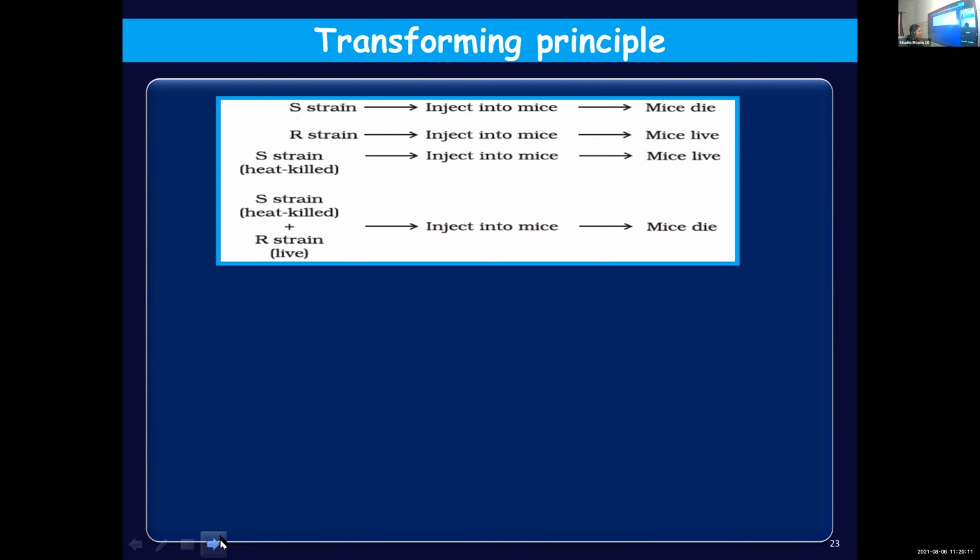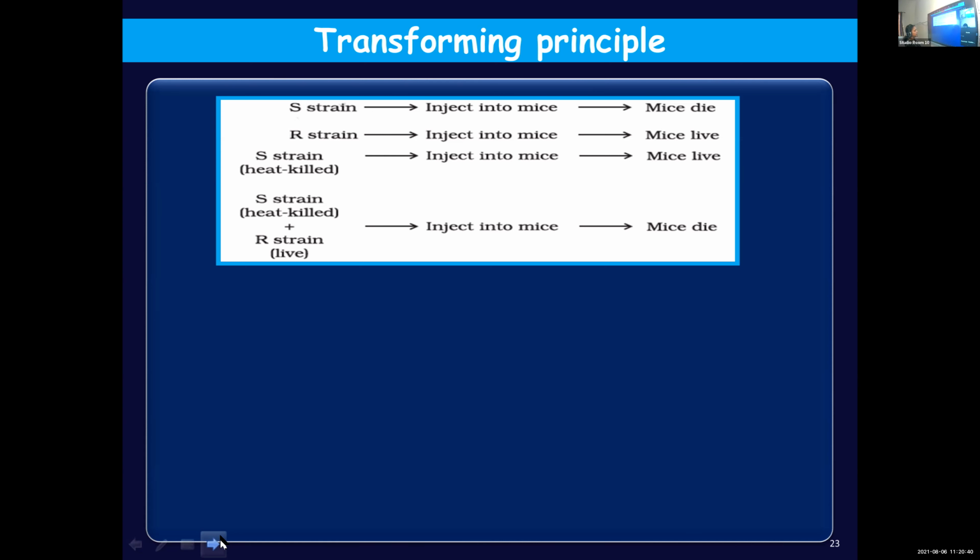So when S strain was injected live, mice died, but when these bacteria were heat killed and injected, they were not able to kill the mice, and the mice survived. Then heat killed S strain and live R strain were injected into mice, but the mice died.